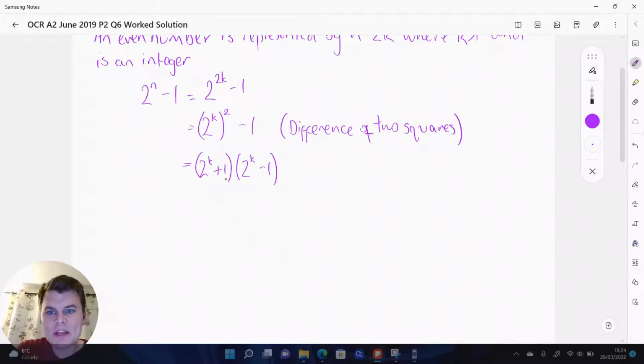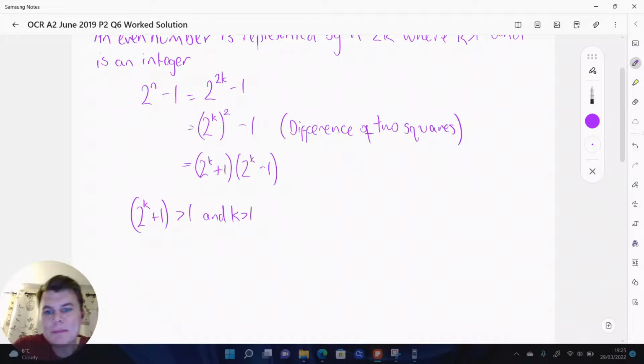Okay, so we're going to take this statement a little bit further and just examine 2 to the k plus 1. Well, we know that 2 to the k plus 1 is greater than 1, because 2 to the power of anything, when k is greater than 1, add 1 to it, it is going to be greater than 1. Okay, so we know that k is greater than 1 because that's how we defined an even number.